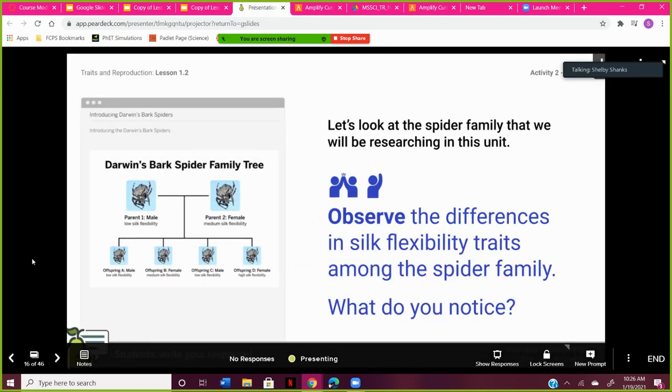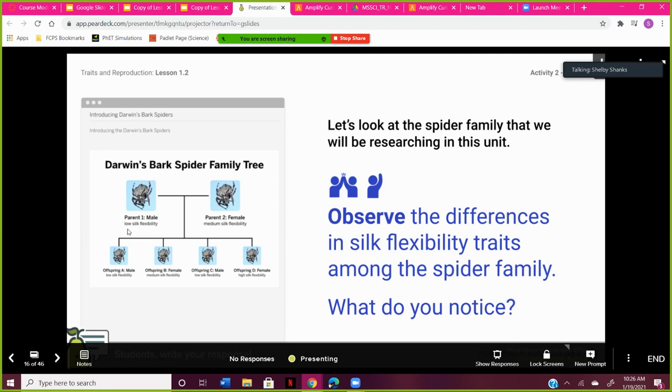So let's look at the spider family that we're going to be researching in this unit. If you look at this picture on the left-hand side, you're going to observe the differences in silk flexibility traits among the spider family. And what do you notice?